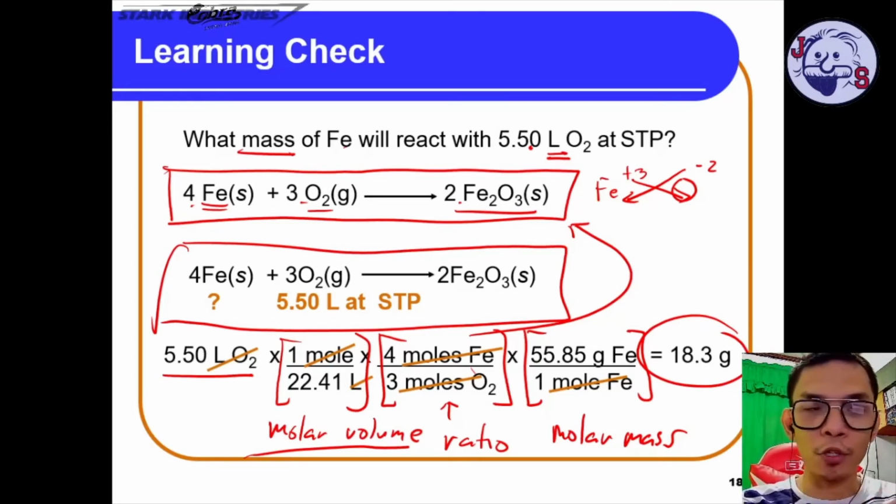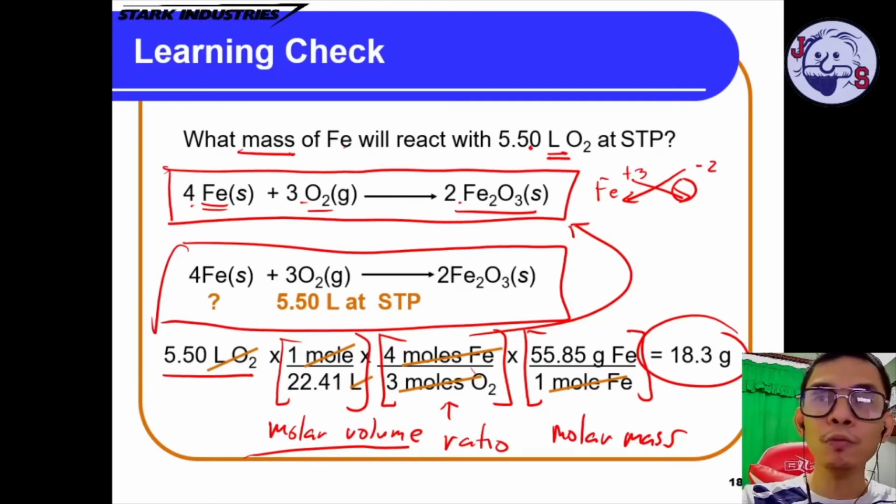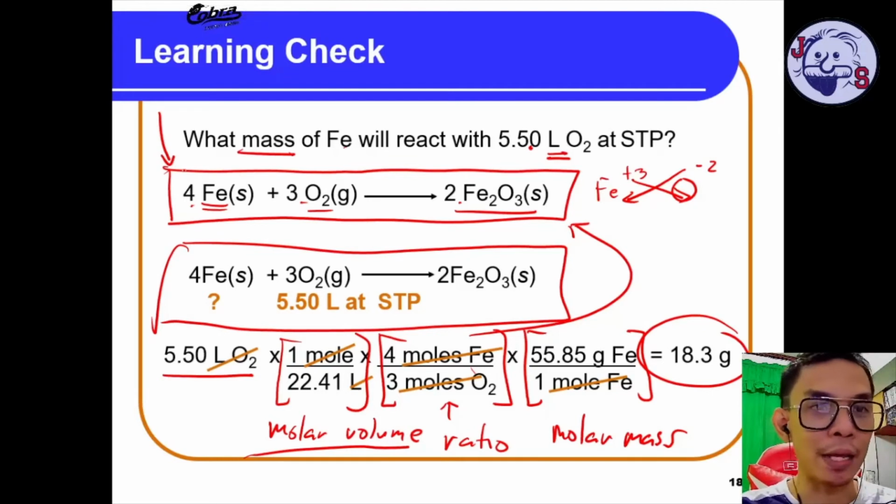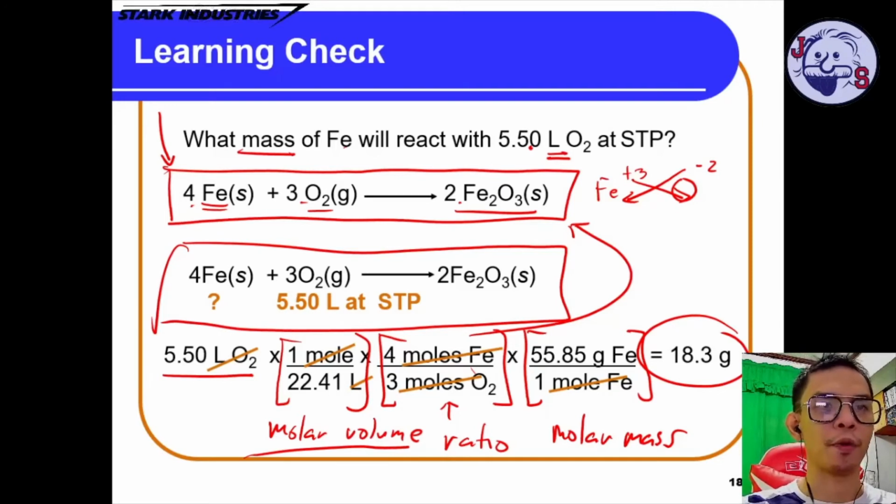If you don't do that, you will not be able to do this process correctly. And most importantly, you need a correct, balanced equation. That is the most important thing that you need in order to solve this problem. So that is for the example that we have right here.